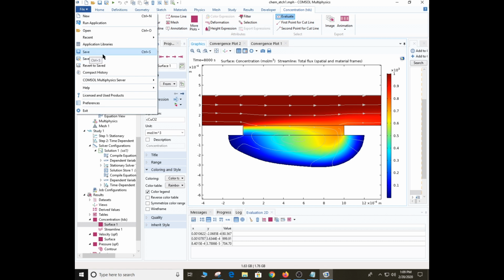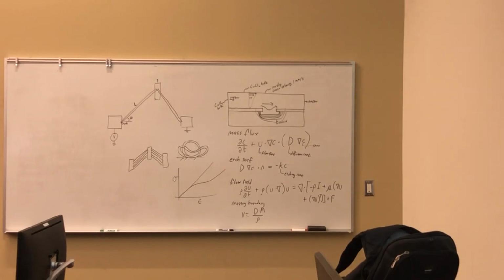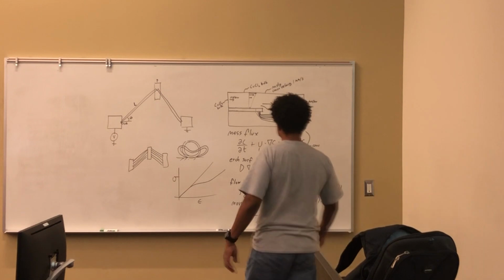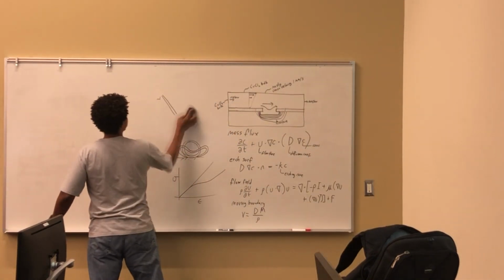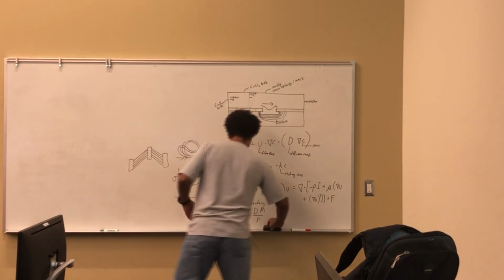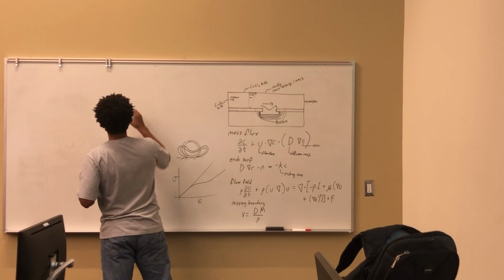So the next thing I want to do is look at diffraction patterns. We talked about this a little before, but basically we're going to model something like the two slit experiment.